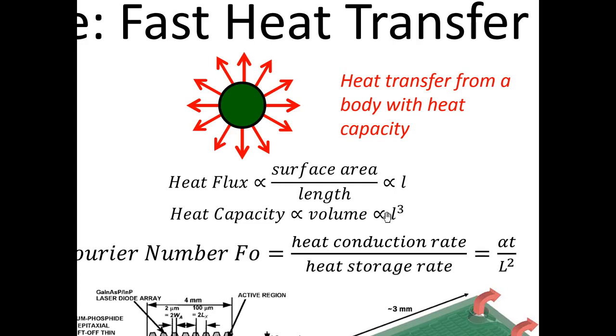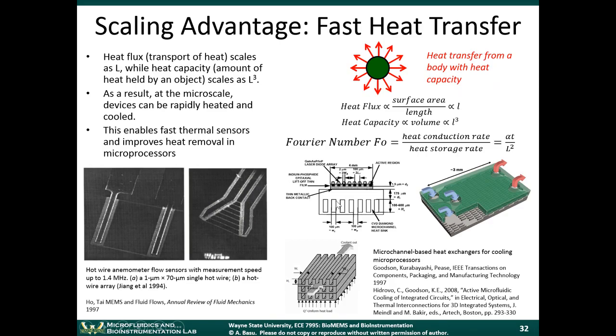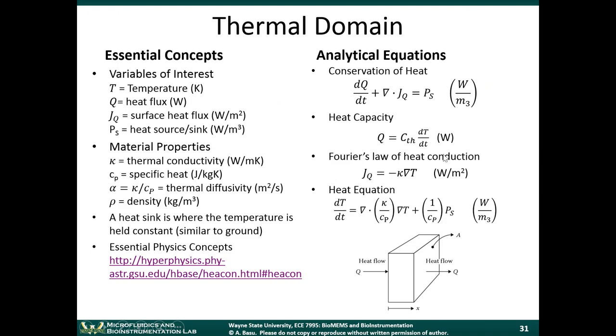The mass of the object is whatever the mass of the object is. So that's coming back to this concept here. The heat capacity of an object is the specific heat multiplied by the density multiplied by the volume of the object.